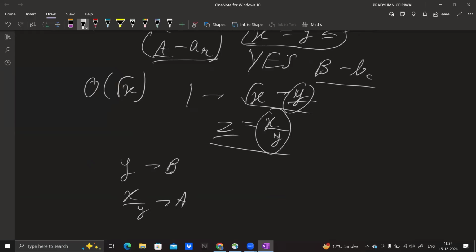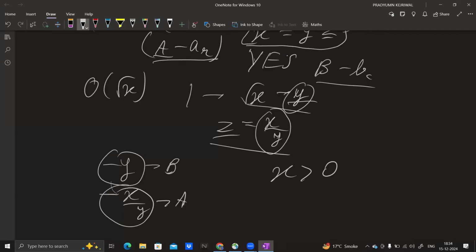So it can happen like that also, so I have to check that also. And x can be positive. Suppose x is positive, then either I can take my y and x by y, or I can take minus y and minus x by y, right? I can do that also, because the product will also be positive, like x. So I have to search for this also.